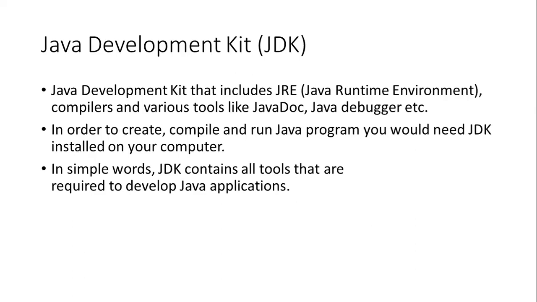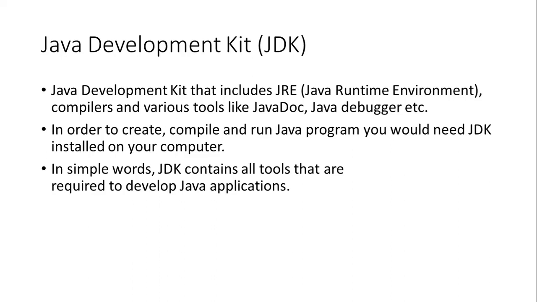Then there is the JDK, the Java Development Kit. As is clear from the name, there will be some tools that are helpful in our Java program development. So the Java Development Kit includes the JRE, Java Runtime Environment, compilers, and various tools like Java Doc, Java Debugger, etc. In order to create, compile, and run a Java program, we need the JDK installed on our computer.